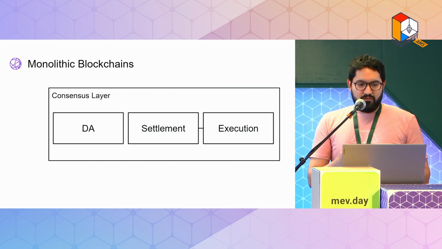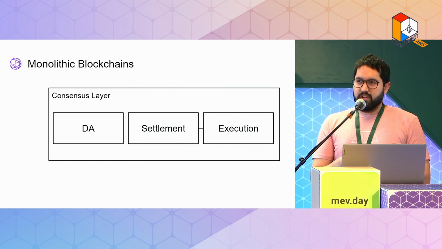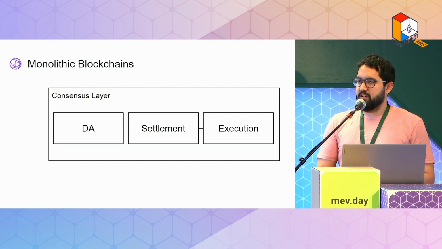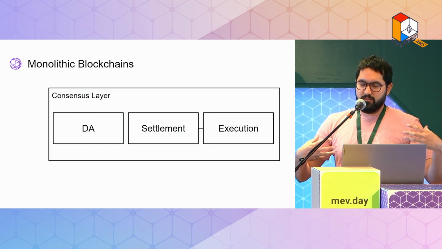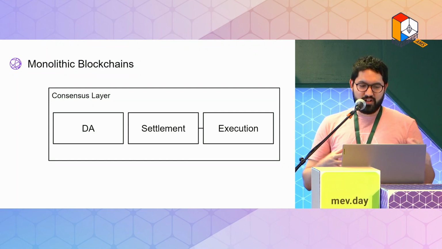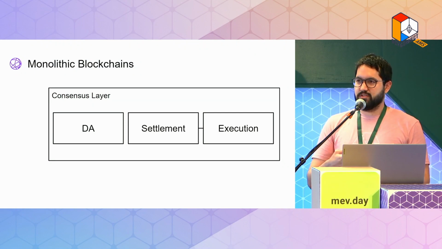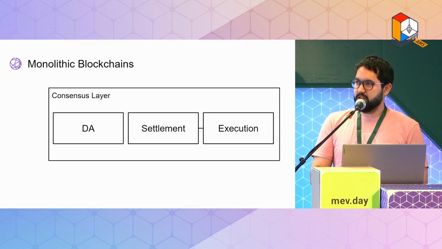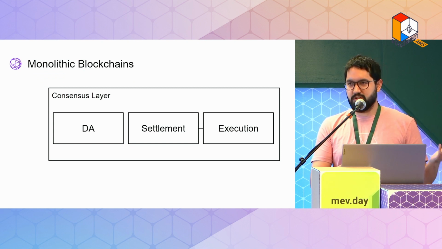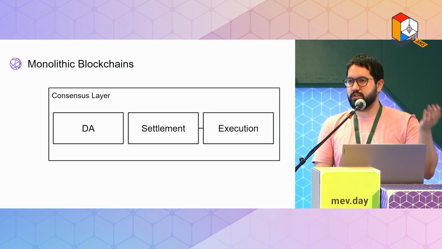Okay, so first, a quick recap of the difference between monolithic and modular blockchain architectures for those of you who may not be familiar with this. This is how a monolithic blockchain looks. It's a single monolithic, for lack of a better word, atomic layer that does consensus, so ordering of zeros and ones, availability, so this means making sure that data has been published to the world, settlement optionally, and also execution.